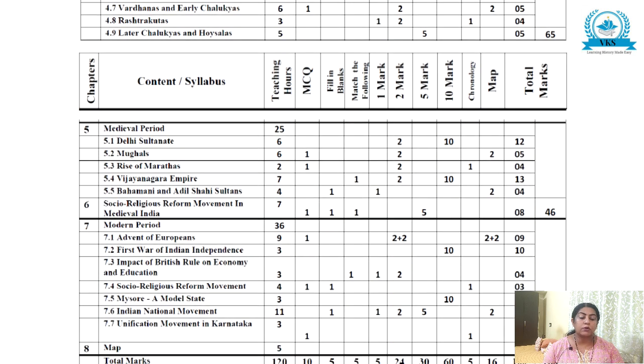Then socio-religious reform movement and Indian national movement are also chapters from which 5-mark questions can come. If you concentrate like that and study those important 5-mark and 10-mark questions, that itself will help you score more. In the coming videos, I'll be discussing the important questions based on this blueprint.